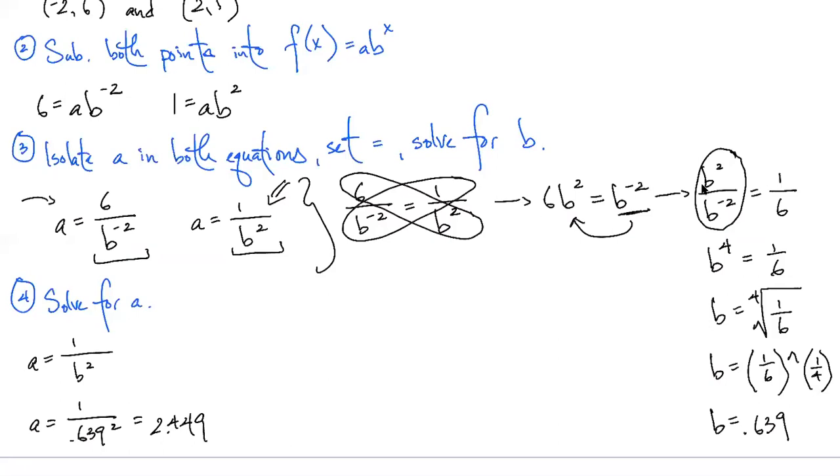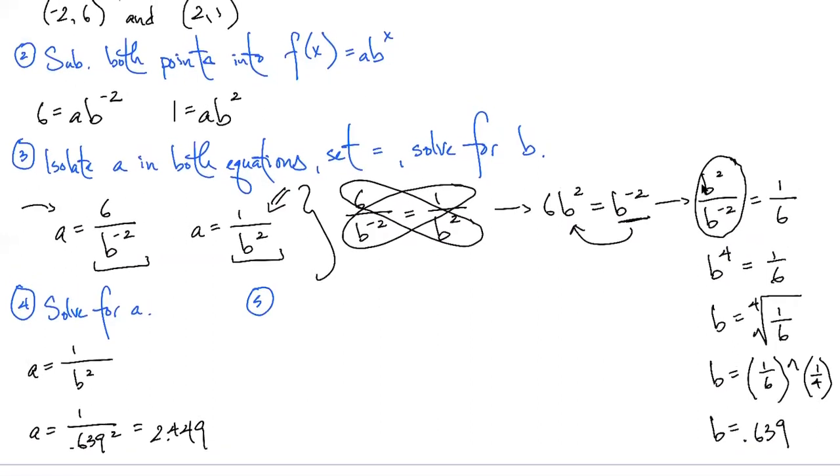All right. Home stretch. We just have to throw everything into the equation so that we answer the question. Step 5. We are going to put a and b into the equation.